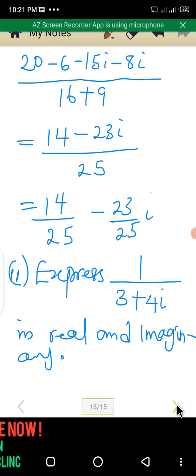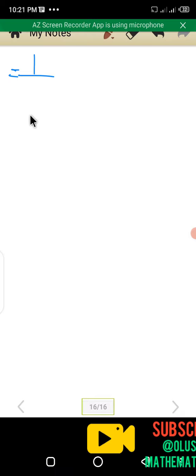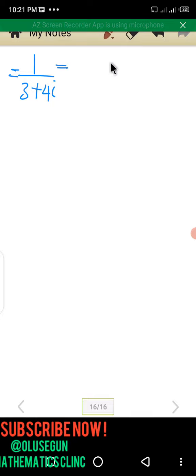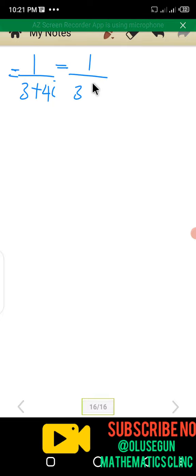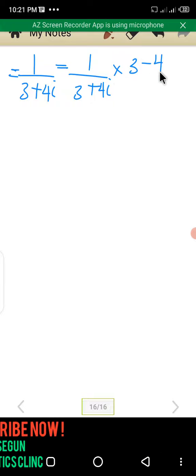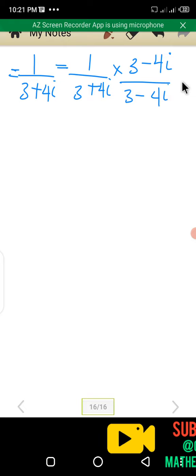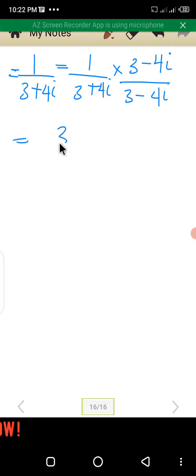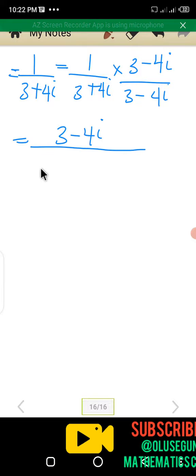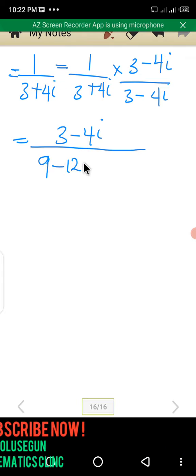If you have to solve this, as I've explained earlier, 1 over 3 plus 4i is solved by rationalization, which is 1 over 3 plus 4i multiplied by 3 minus 4i over 3 minus 4i. In expanding, this will be 3 minus 4i all over 3 times 3, we have 9. 3 times 4, we have minus 12i.